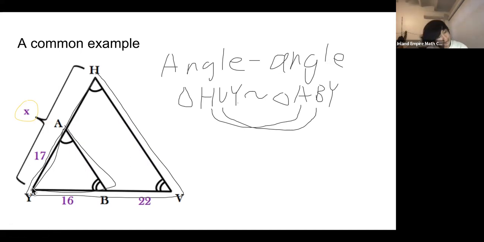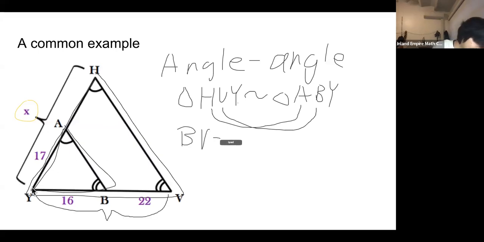And essentially what this means is that we know that the side length ratios will also be the same between these two triangles. So for example, what is YV? This entire length right here. So we know that BV equals 22 and that YB equals 16.